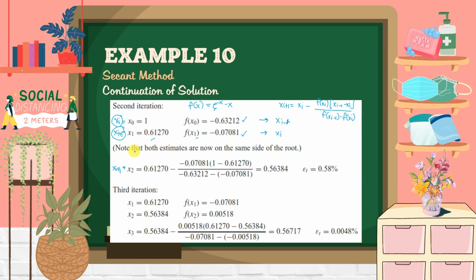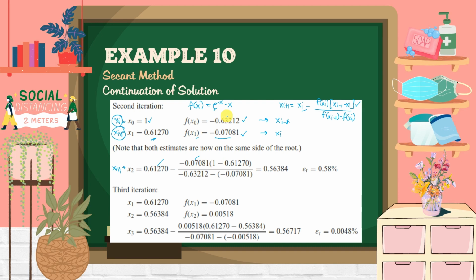So in the second iteration, the value of x sub i will be x sub 1, and the function of x sub i will be negative 0.07081, multiplied by x sub i minus 1, which will be x sub 0. So this will be 1 minus the 0.61270 from x sub 1, or simply the x sub i of the second iteration, all over the function value of x sub i minus 1.